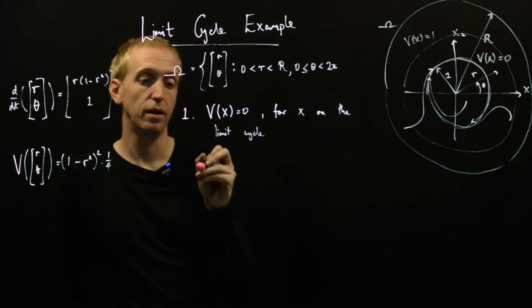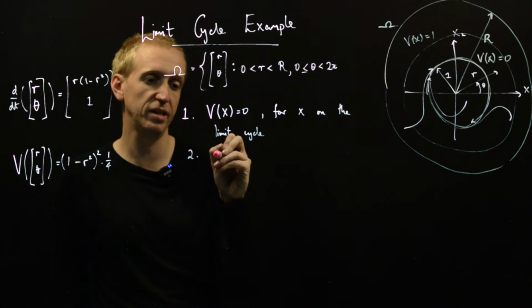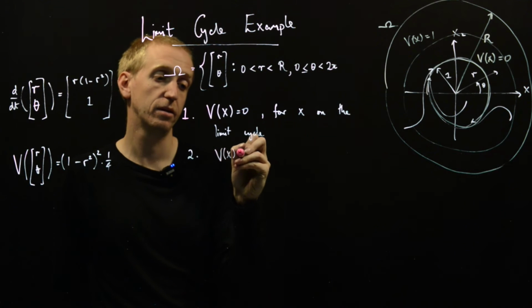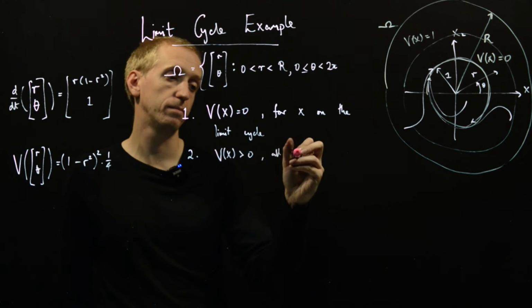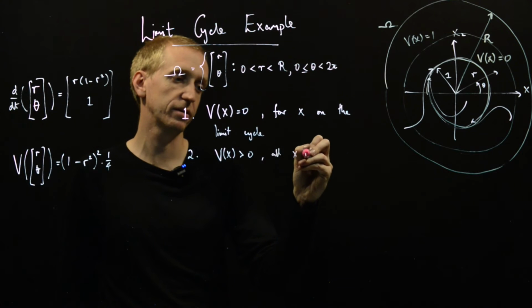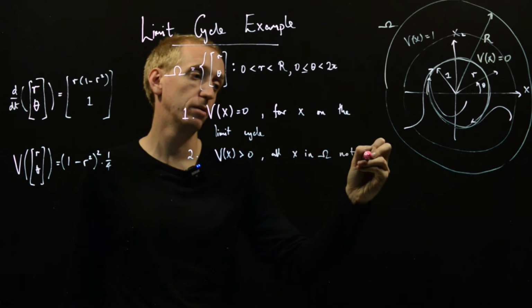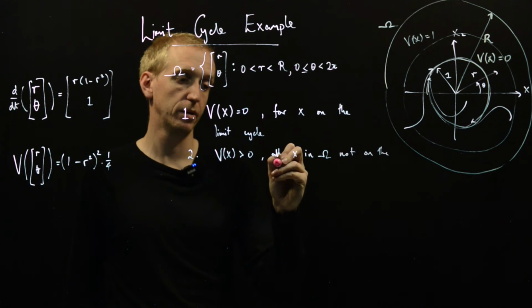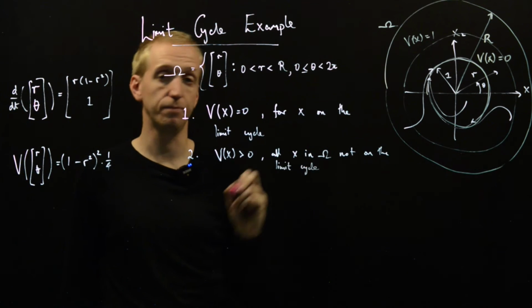That's good. And we also have our second Lyapunov type property. We have that V of x is bigger than 0 for all x in omega, not on the limit cycle.